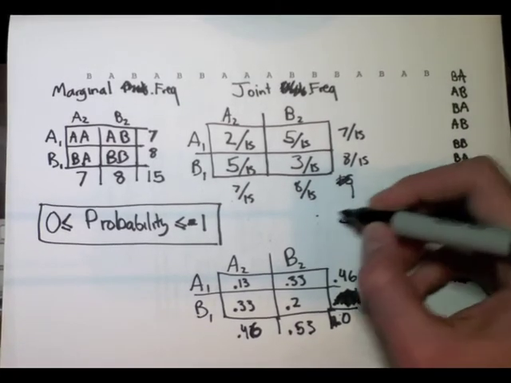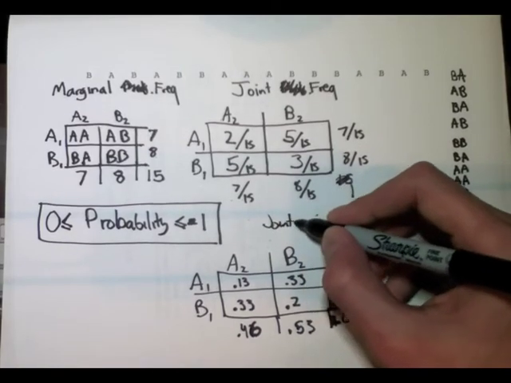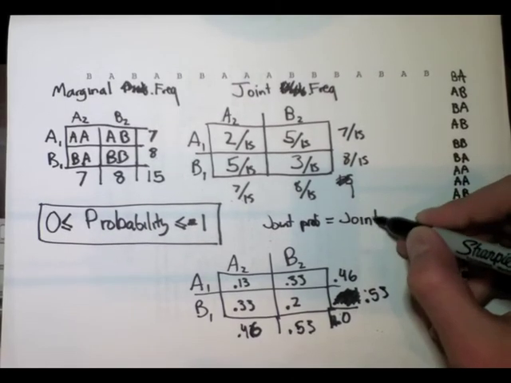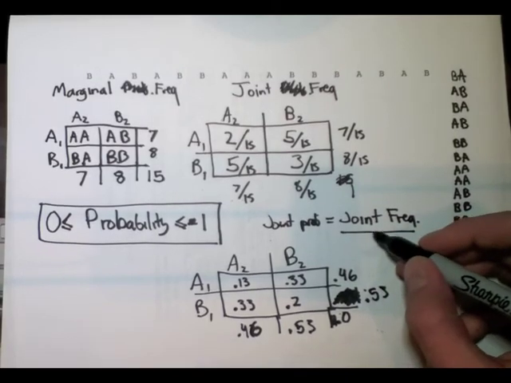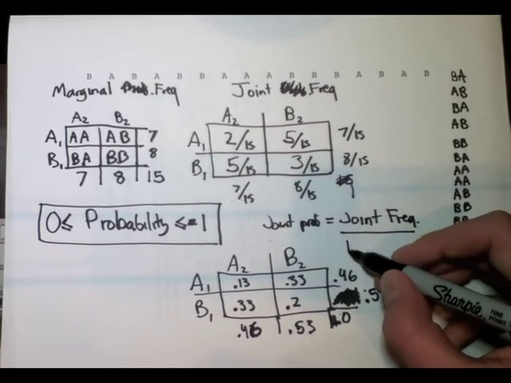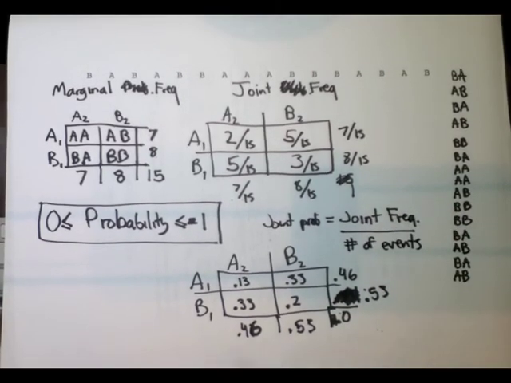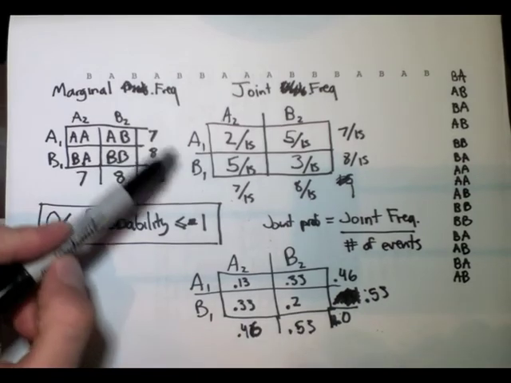So joint probability is equal to joint frequency over the total number of events. Alright, so that's how we calculate all this stuff, and you can actually go all the way through using frequencies in most of these things, or you can go all the way through using probabilities. It doesn't matter that much, but that's how we calculate probability from frequency.